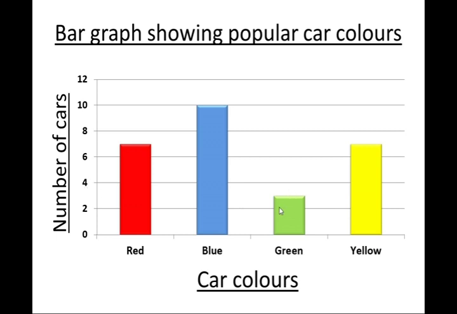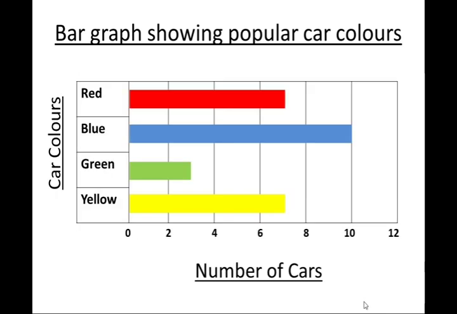It stops in between 2 and 4. Now take your ruler and follow until you reach the middle of 2 and 4, and that will mean there are 3. 3 is in between 2 and 4. So there are 3 green cars that were counted. 7 yellow because it is in between 6 and 8.